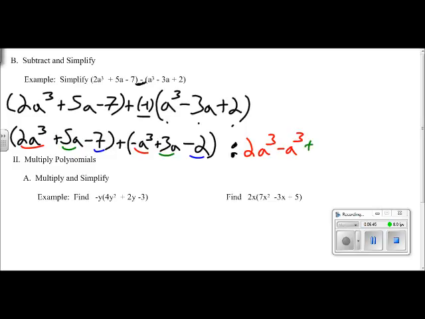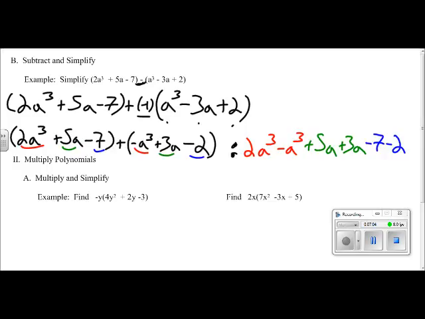Next ones we look at are our 5a plus 3a. And then we look at our constants. We have negative 7 minus 2. We're not finished at this point because we still need to combine our like terms and simplify down.